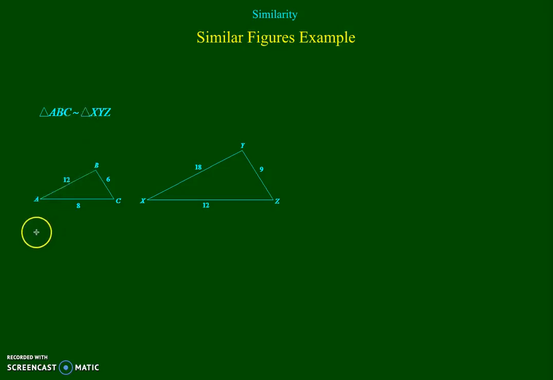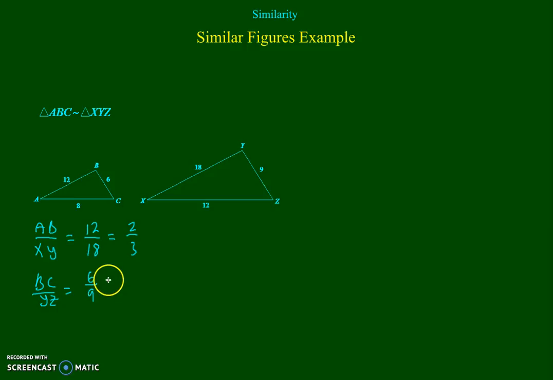So AB to XY is 12 to 18, which simplifies to 2/3. And BC to YZ is 6 to 9.